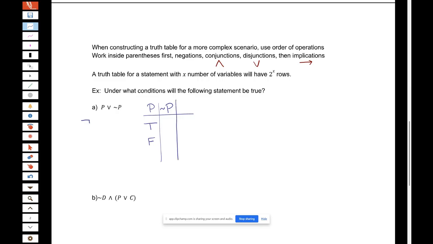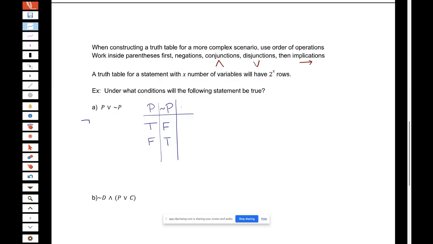Remember, when we do negation, we just change it to the opposite of what it was before. So true becomes false, false becomes true. Because if P is a true statement, like we have popcorn, then the statement we don't have popcorn would be false. If P is a false statement, we have popcorn, but that's not true, then saying no popcorn would be true.